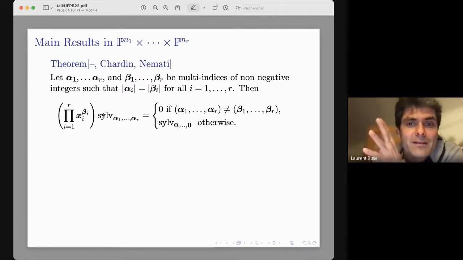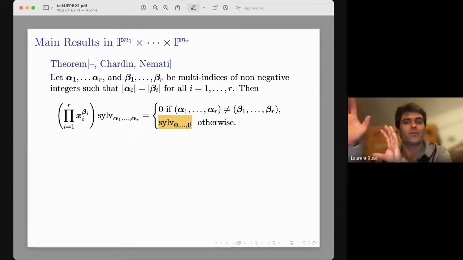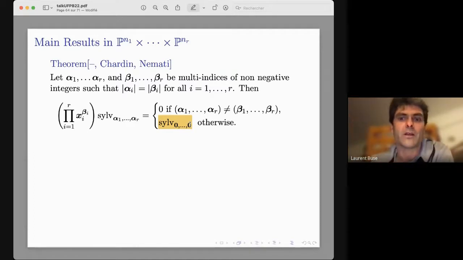Then in the same idea, if you multiply the Sylvester forms alpha 1 to alpha r with a monomial x i beta i, then you get either 0 if the lists are different, or if they are the same, you get exactly the twisted Jacobian. So it's the same pairing as before. Either you get 0 if the two lists of monomials are different, or you get exactly the twisted Jacobian if they are equal. So you have a pairing.